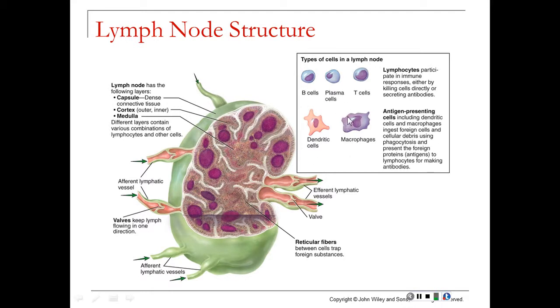Don't confuse these dendritic cells with the dendrites of neurons. That's not the same thing. In this case, a dendritic cell is only called a dendritic cell because it has all of these extensions on it. It's kind of like a spidery looking cell. It, in fact, is not nervous tissue.